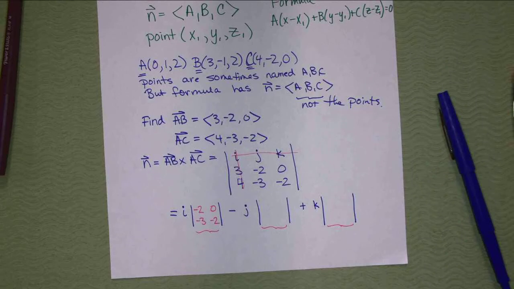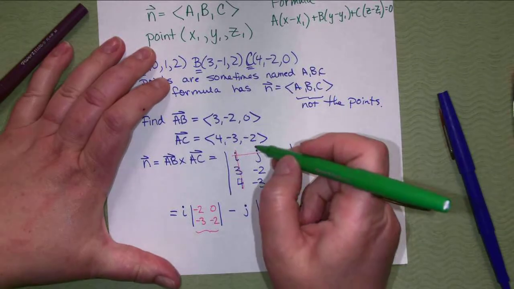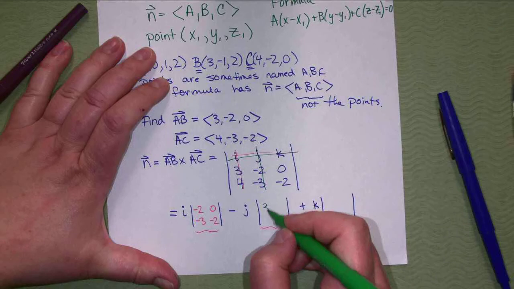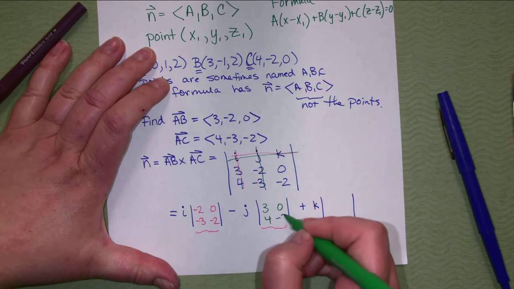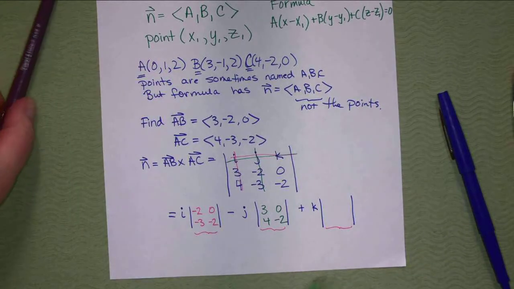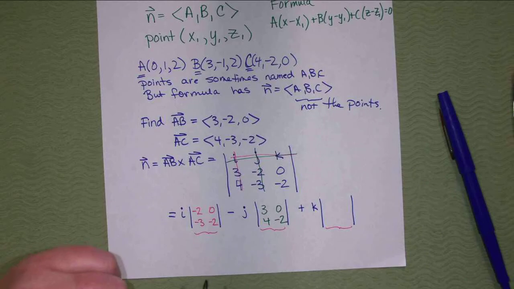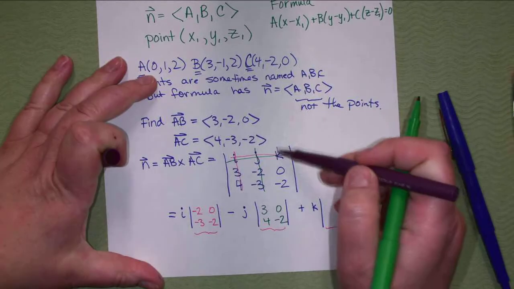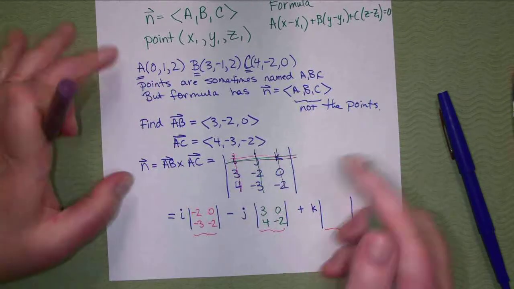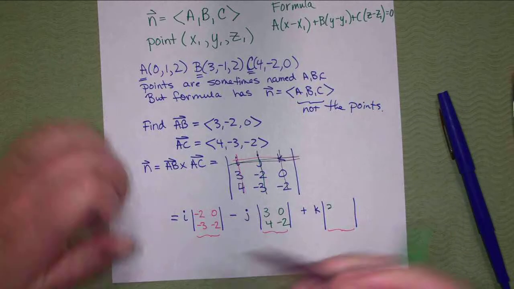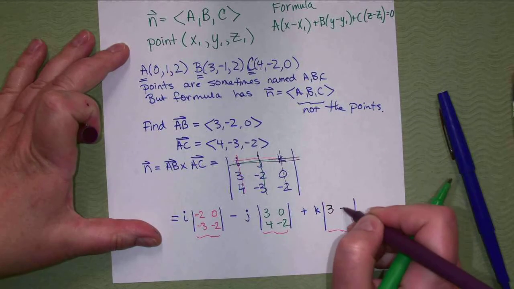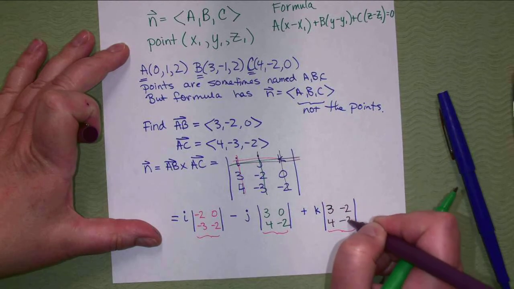For the J, 3, 0, 4, minus 2. And for the K, 3, minus 2, 4, minus 3. And the J is negative, that's important.